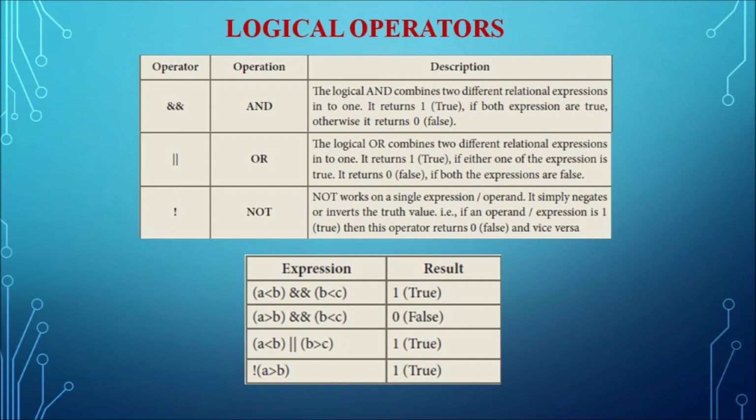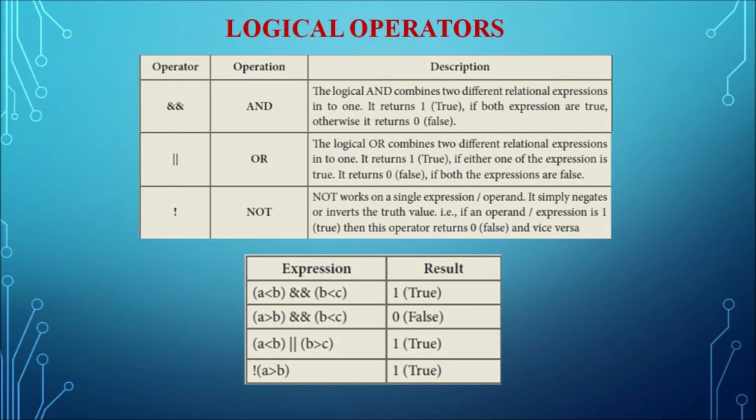We have seen that if any one input is true, it will return true. Here also it uses two or more relational expressions. If either one relational expression is true, it results in true. If both the relational expressions are false, it returns false.